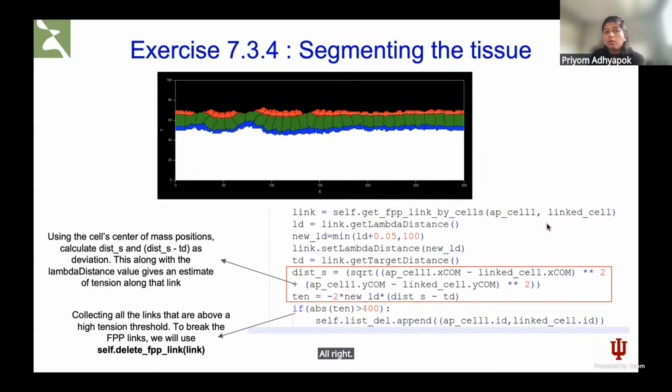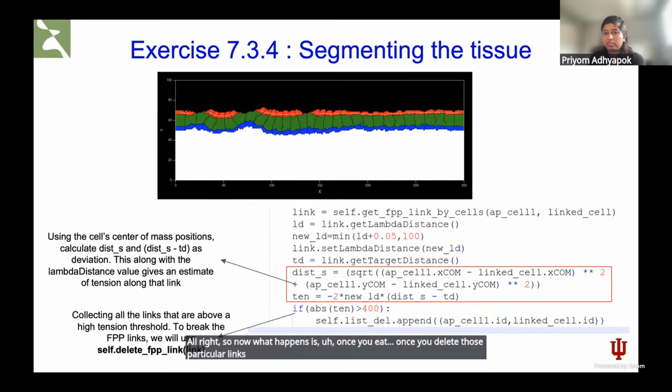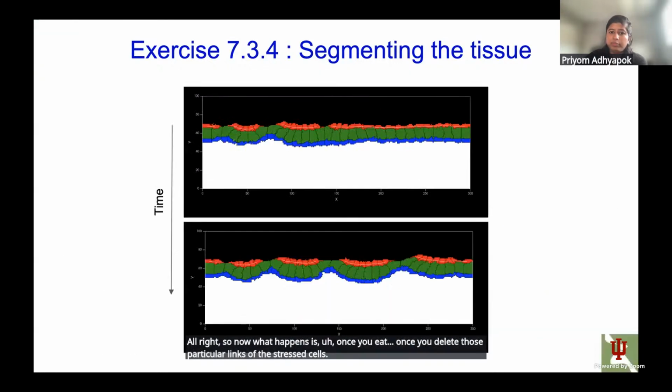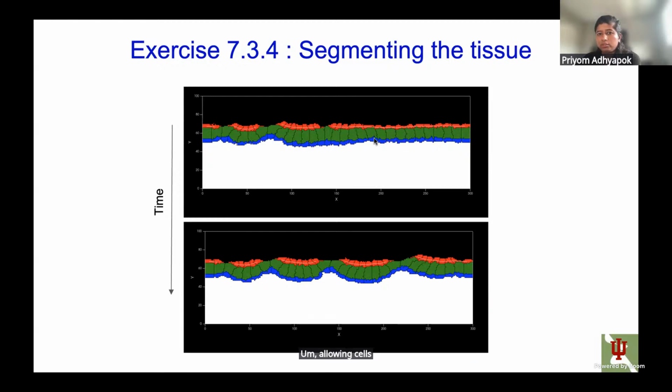All right, so now what happens is once you delete those particular links of the stressed cells, you should be able to see a pattern emerging in the tissue where you have this activation parameter that progresses down from the left to the right side of the tissue, allowing cells to constrict their distances.